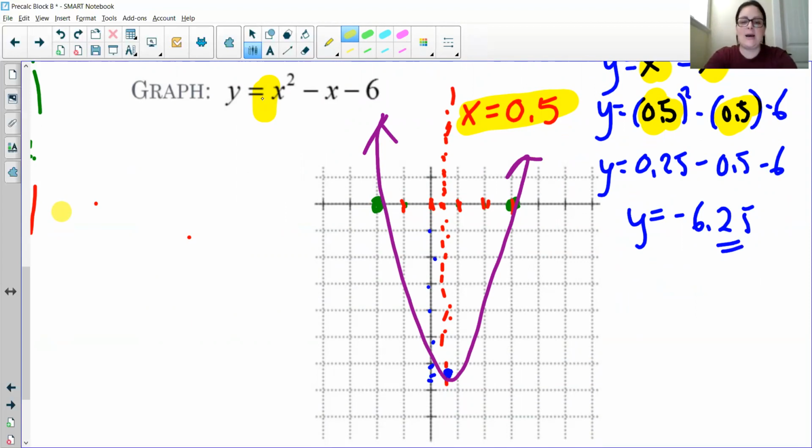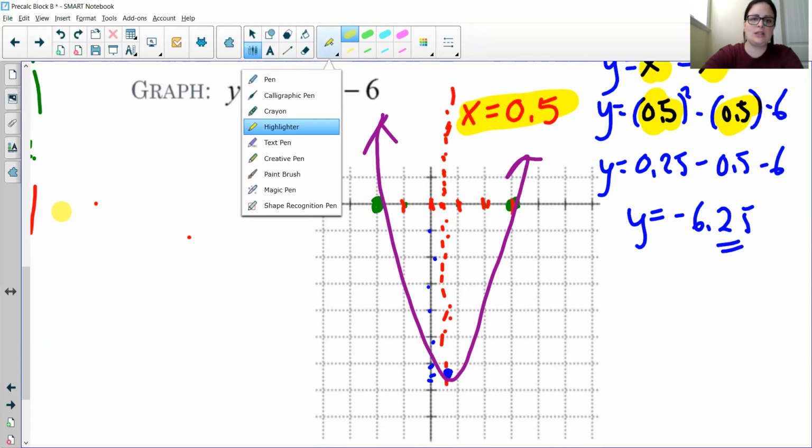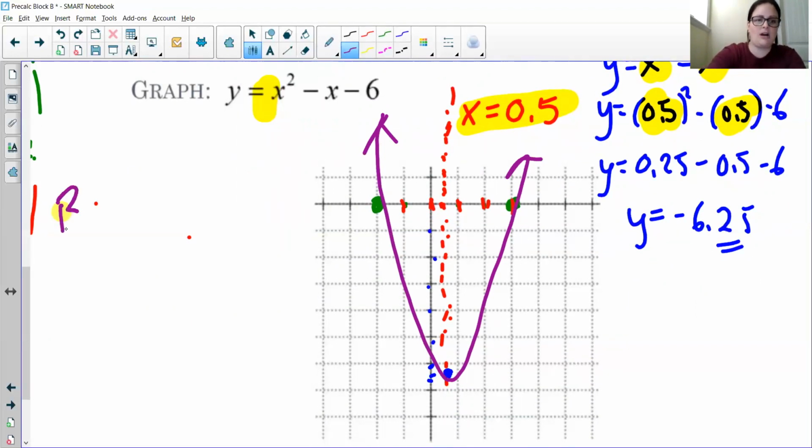All right. And the only other thing we can do if we wanted to make it a little bit more exact is we could do a little bit of bonus confirmation, and that's to find the Y-intercept. Right? To find the Y-intercept, x equals 0.